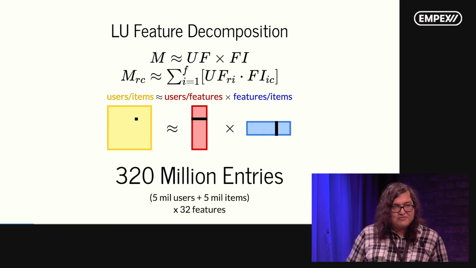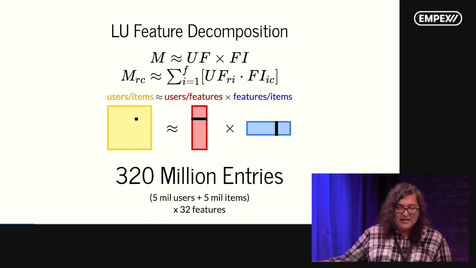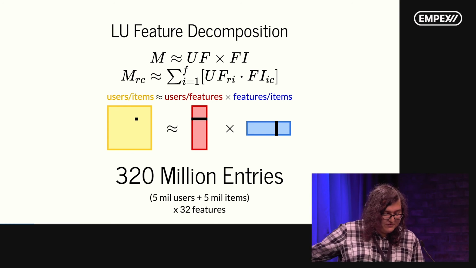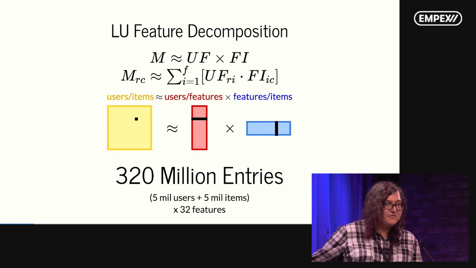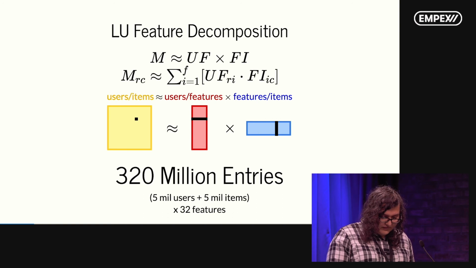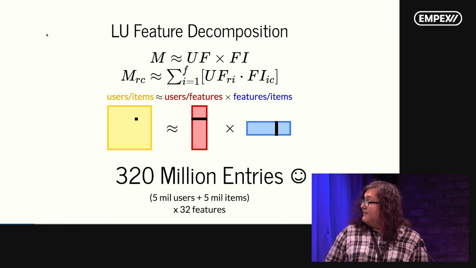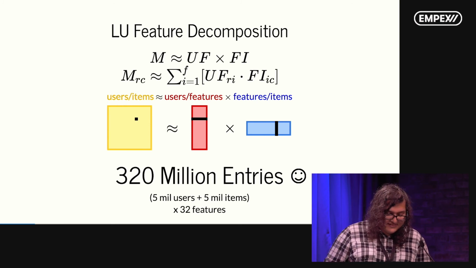And that reduces our space requirements really significantly. We're down to 320 million. And that's something that we're plenty happy to store in memory. That 32 is because we factor it into 32 features.